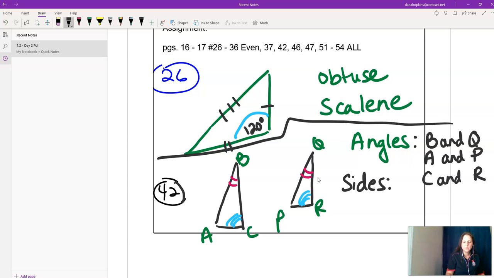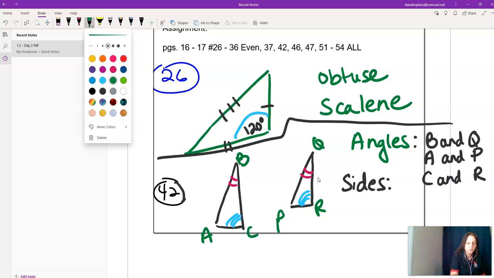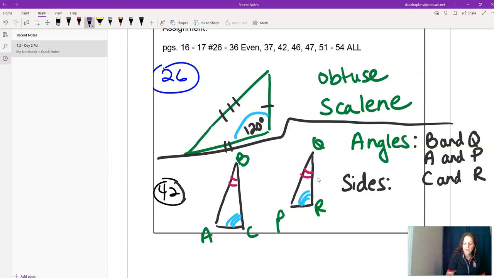As far as the sides go, you're going to match them up in order. So AB, PQ, you could say BA, QP, whatever. Just make sure you're going in the same direction. So if I write AB first, then you need to make sure that you write PQ second. So AB is corresponding with PQ.